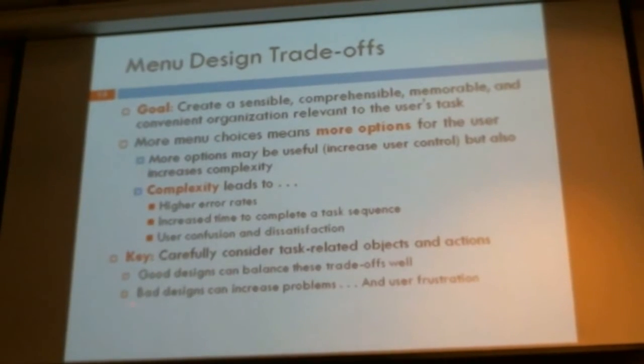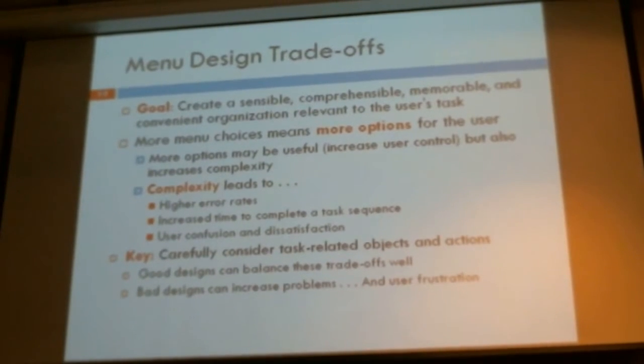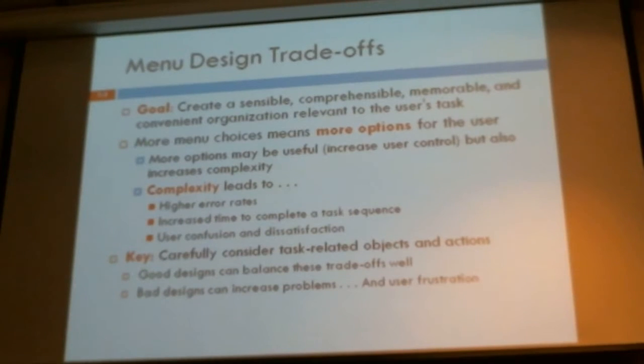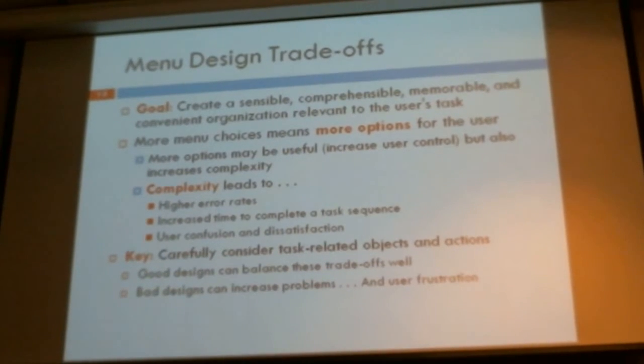Okay, so the key here is to carefully consider task-related objects and actions. What do you want to be able to have the user do quickly and easily, as opposed to the more complex functionality that you might want to hide in the interface a little bit more because maybe it's not as relevant to all users? Okay. So good design can balance these trade-offs well, but bad design can actually increase problems and user frustration.